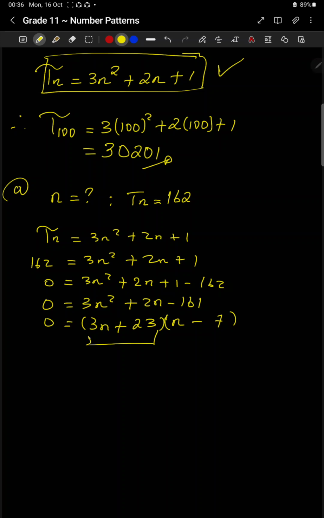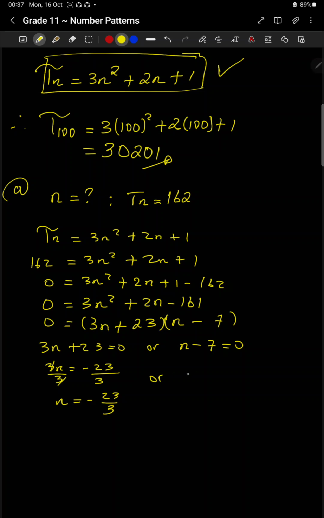We equate each bracket equal to 0, so that must be 3n plus 23 equal to 0, or n minus 7 equal to 0. Then 3n is equal to negative 23. We divide by 3 on both sides, so we get negative 23 over 3.